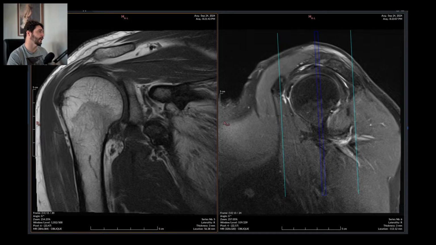Oh, it's os acromiale, which is by itself Latin. So there is no direct translation as far as I can see here.